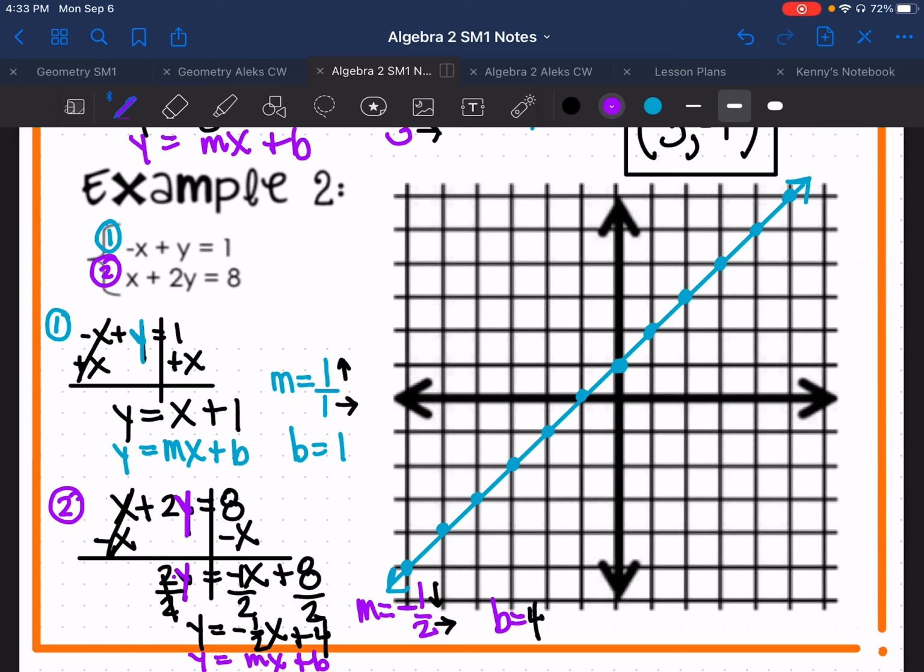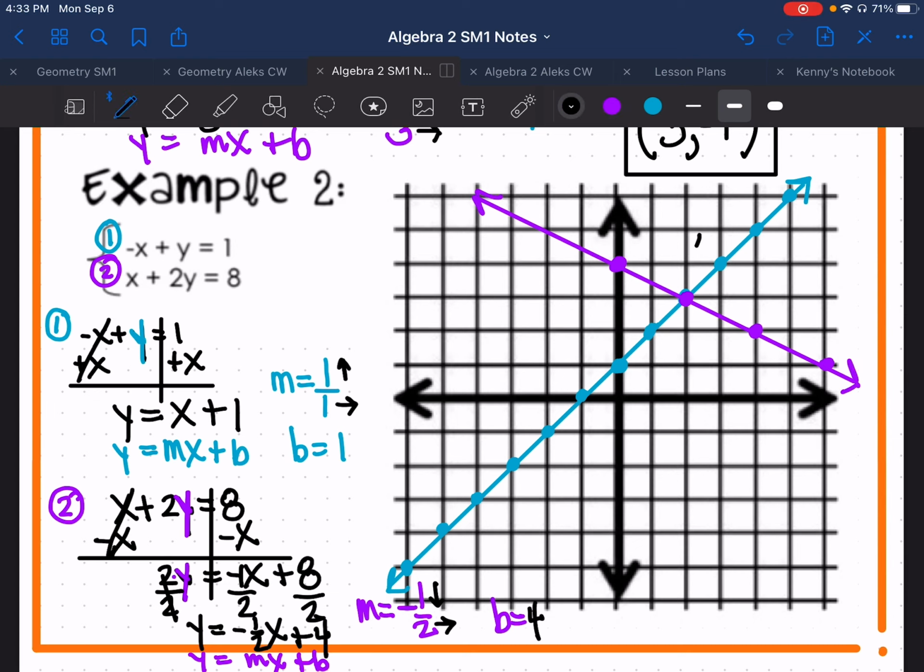All right, here we go. So let's begin at the positive 4. 1, 2, 3, 4. And let's go ahead and move 1 down and 2 to the right. 1 down and 2 to the right. I've already got my intersection. There's no need to go back and do it the opposite direction. Let's just grab our ruler and create our line.